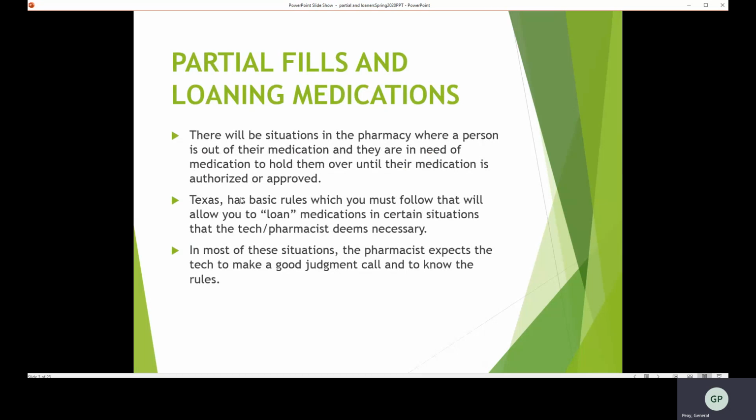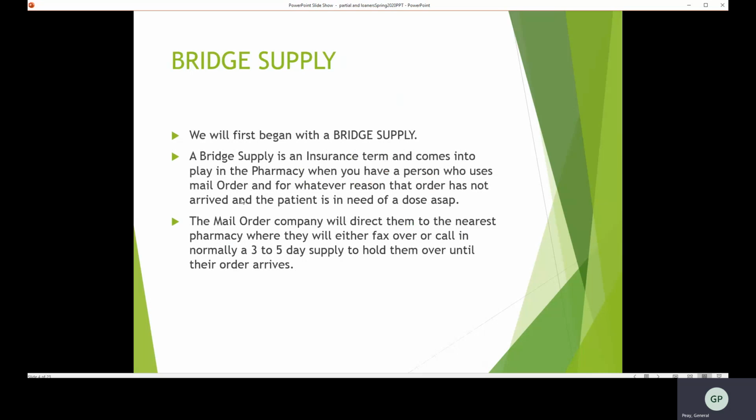And also there's another scenario where a person is out of a medication and you can actually loan them medications, but I'm going to go over the criteria that's required to do either. But before I go into that, I just want to talk about a simple process that mail order pharmacies use, and it's called a bridge supply.